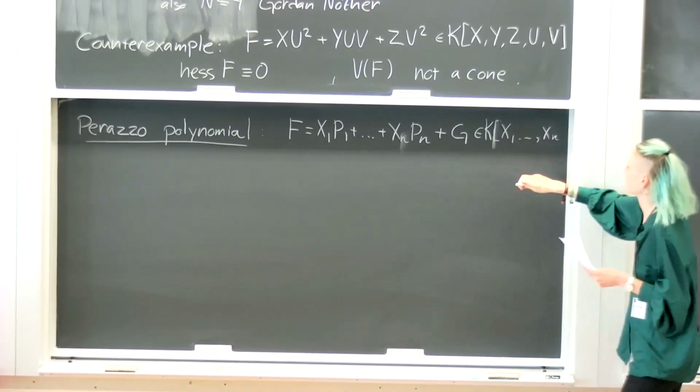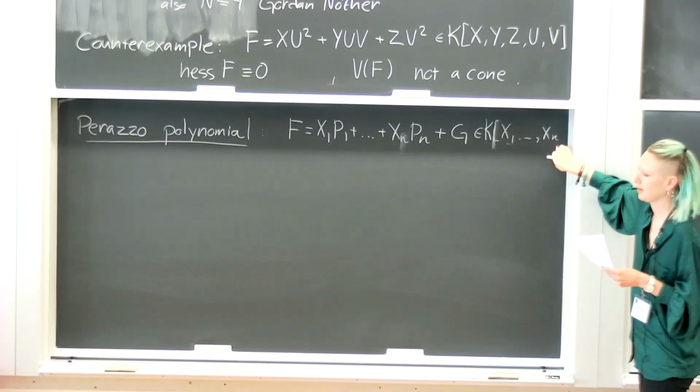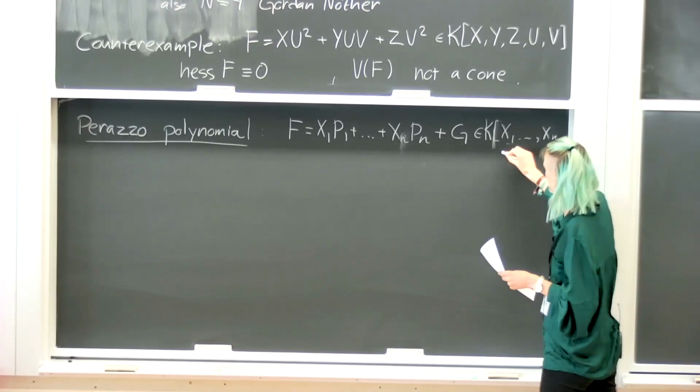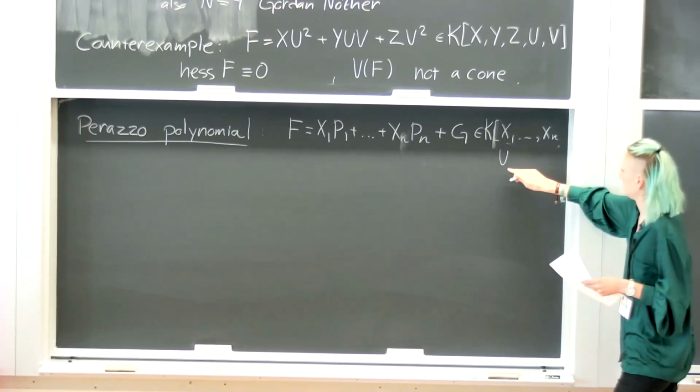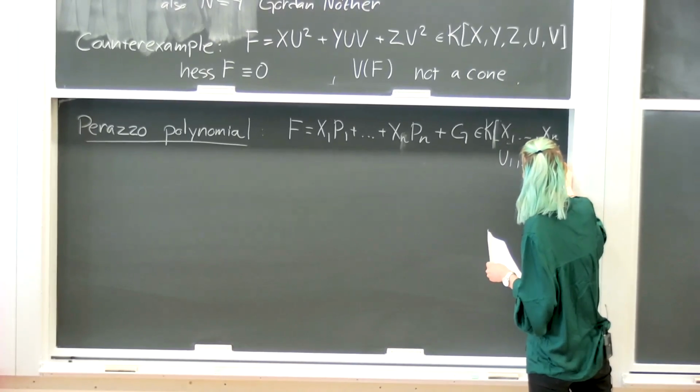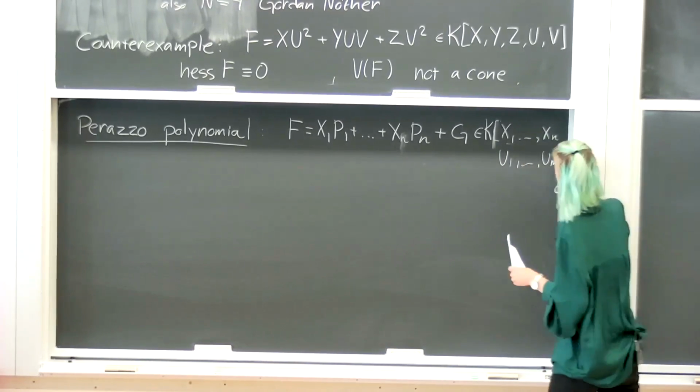Okay, now I'm running out of space, but we have one set of variables that we denote x1 through xn, and we have another set of variables that we denote u1 up to um.